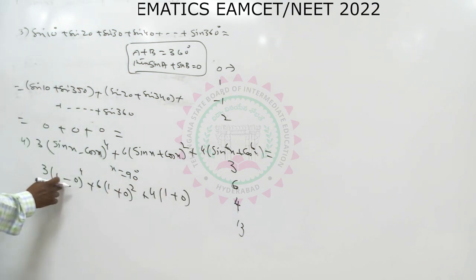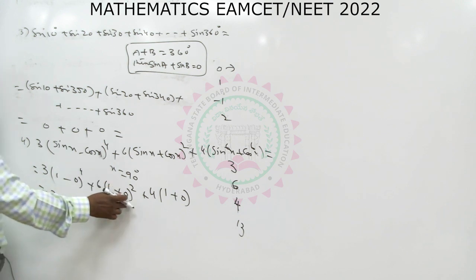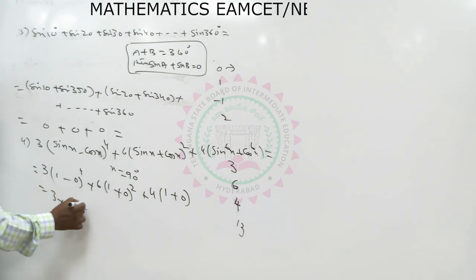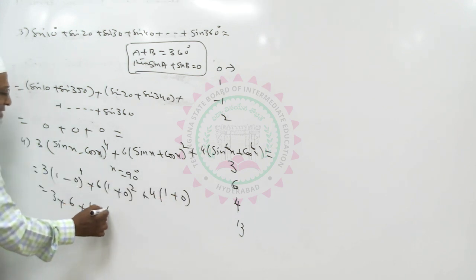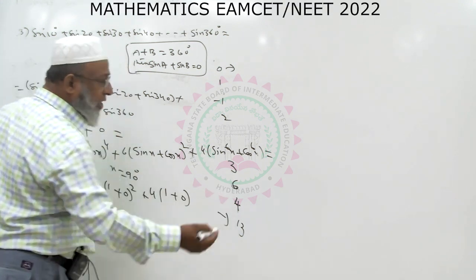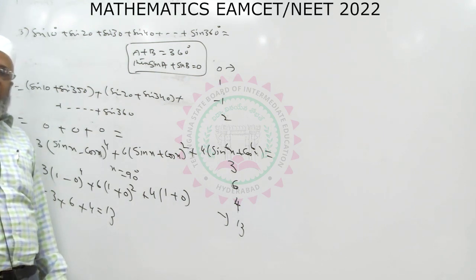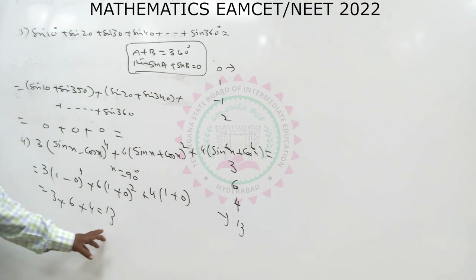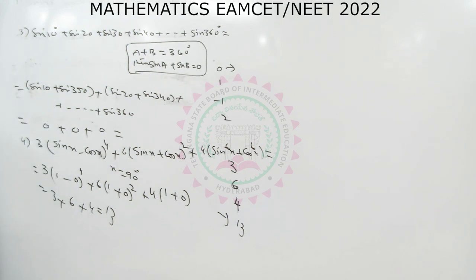So, 1 minus 0 is 1, 1 into 3 is 3. 1 plus 0 is 1, 1 into 6 is 6, plus 1 plus 0 is 1 into 4. So, my answer is 13. See, if you put some shortcuts, some substitution, you may get the answer in seconds. Therefore, the option is 13.